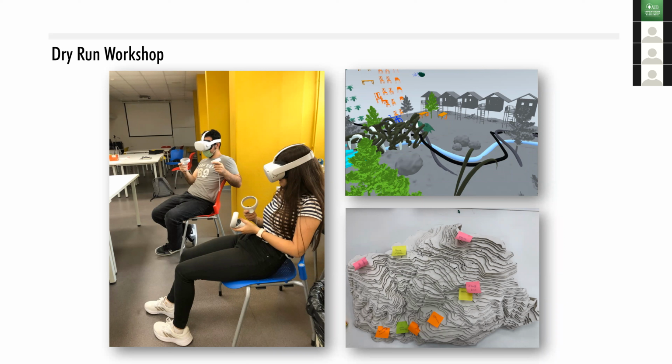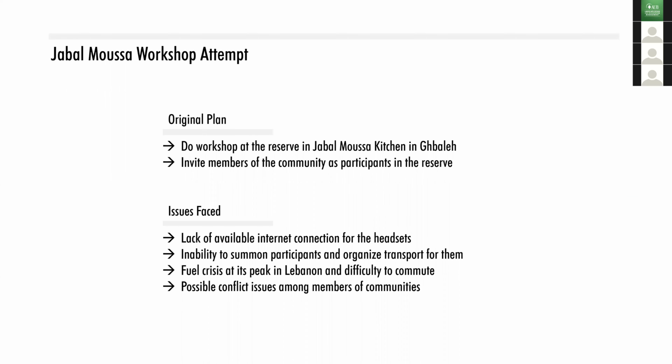After we did the dry run, our second step was to attempt to have the actual workshop. Our first plan was to have it in Jabal Moussa and invite people from the local communities, from the multiple stakeholders, and people who are interested in the workshop. But this wasn't possible because we faced numerous issues. I actually went for a site visit there to test, to experiment and explore the location where it's possible to have the workshop.